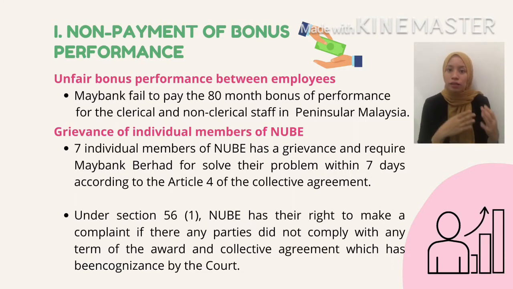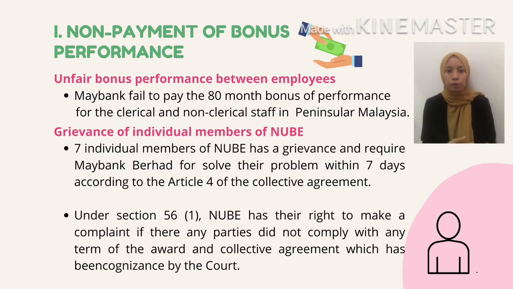But if the issue still has no solution, Berhad needs to hold a meeting to settle the dispute as soon as possible. In addition, for this case, Berhad did not want to solve the grievance of their employees and did not consider holding a meeting to solve the problem.